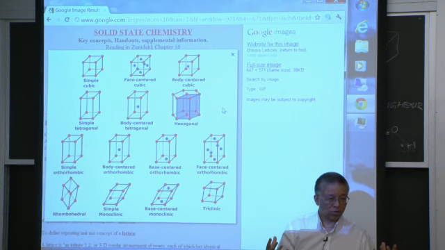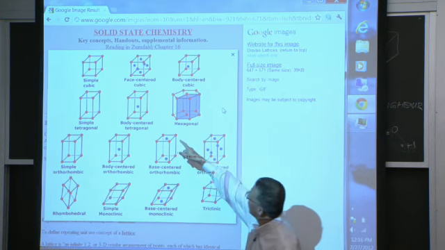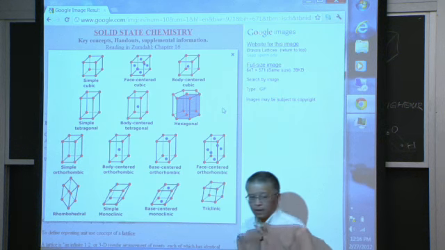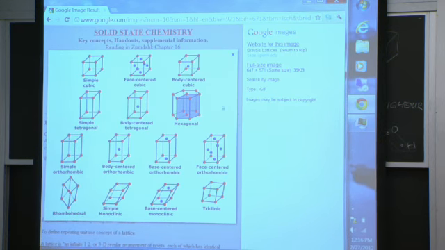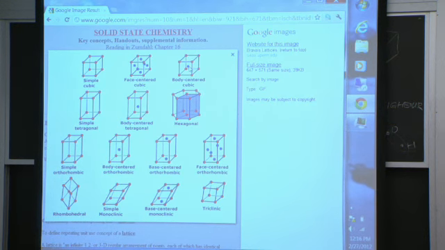This is a conventional cell. If I put a lattice point at the center of this simple cube, I get a body-centered cell.